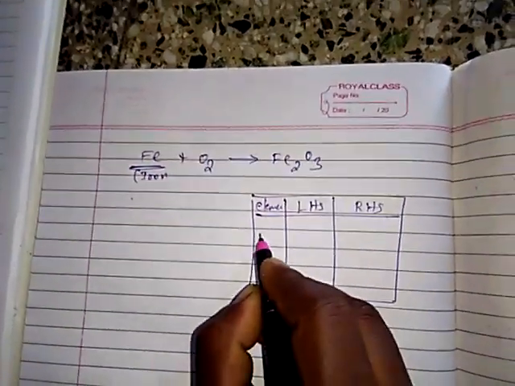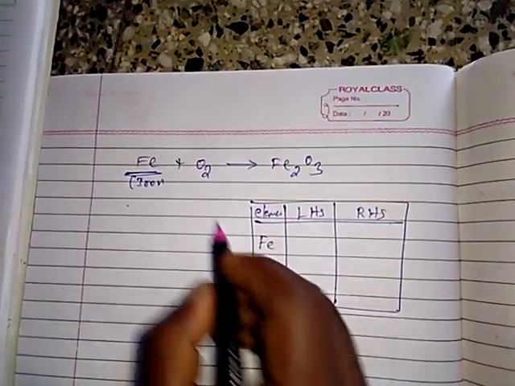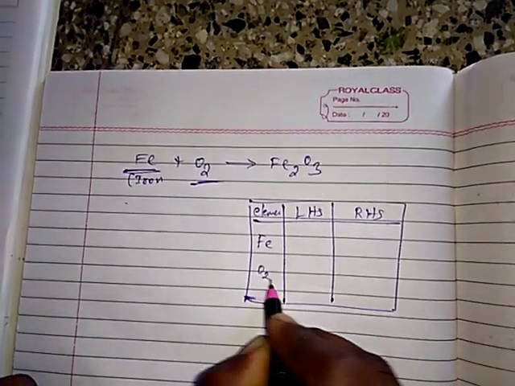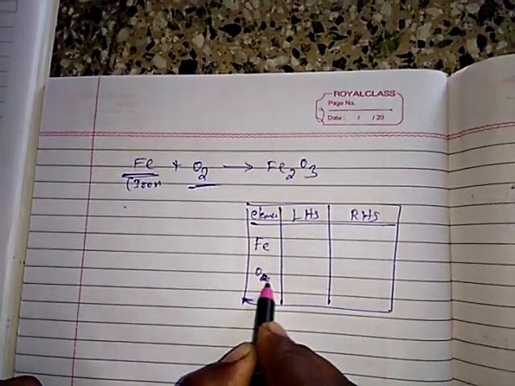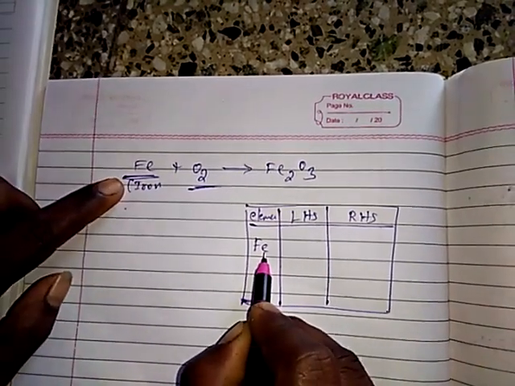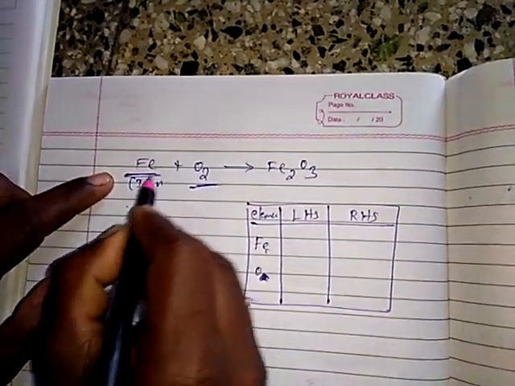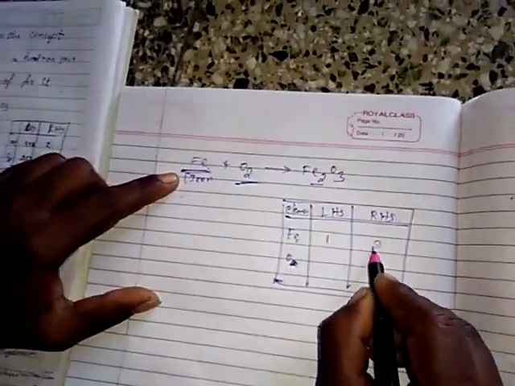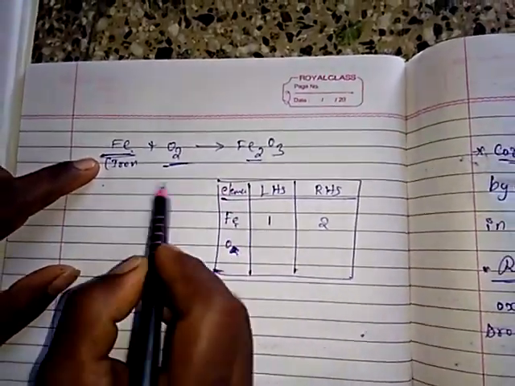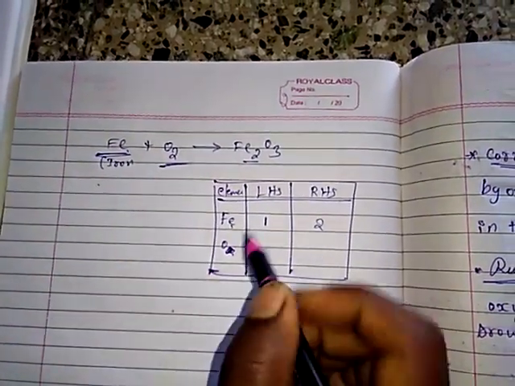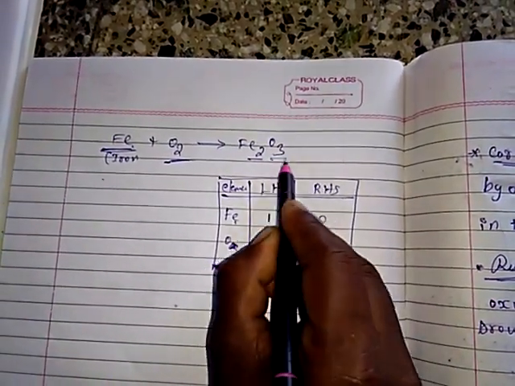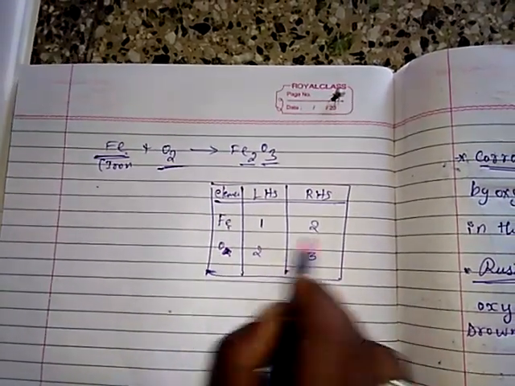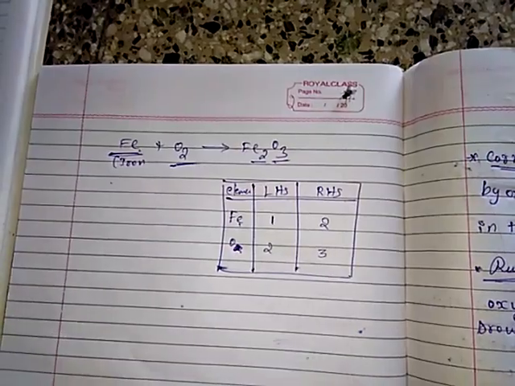Here we have iron and another reactant, oxygen. For Fe, on the left hand side we have only one atom and on the right hand side we have two atoms. For oxygen, on the left hand side we have two atoms and on the right hand side we have three atoms. So we have to balance it.